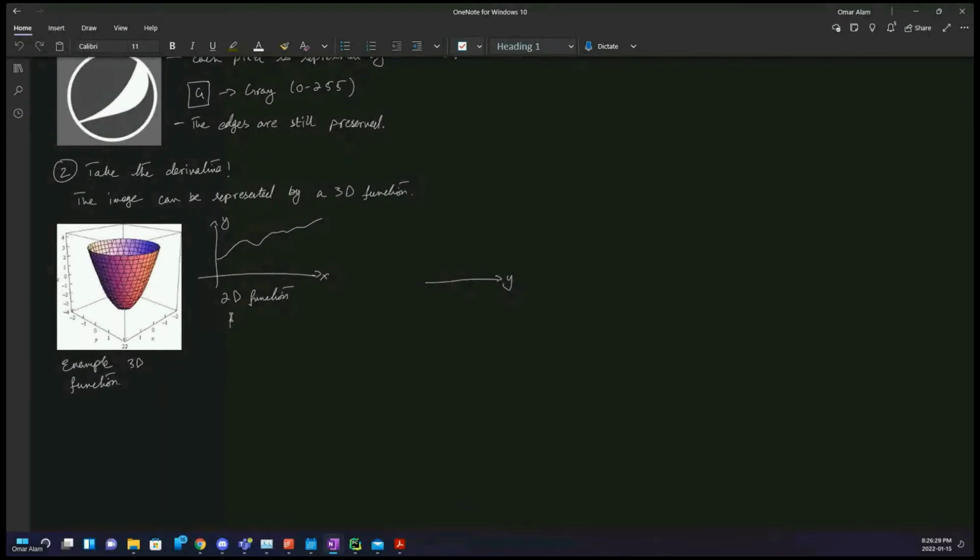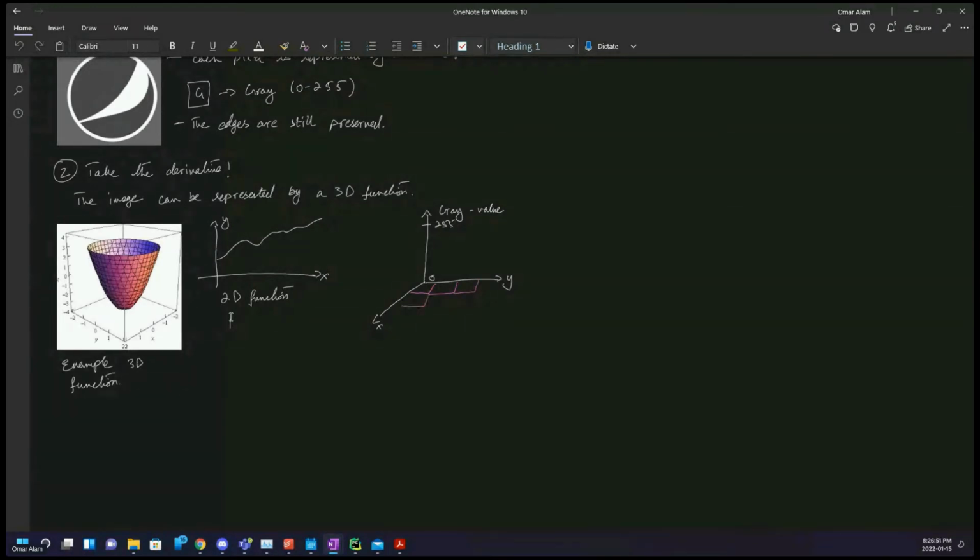and our z value is the gray value, which is essentially, if this is 0, up here somewhere it's 255, right? And it's not very easy to draw this out, but you can imagine that each pixel is down here. All of these rectangles are pixels, right?